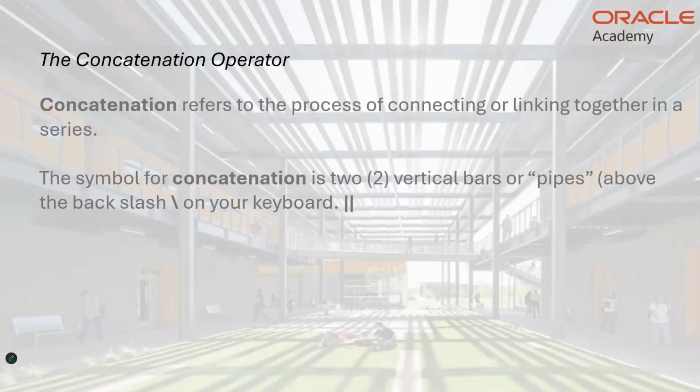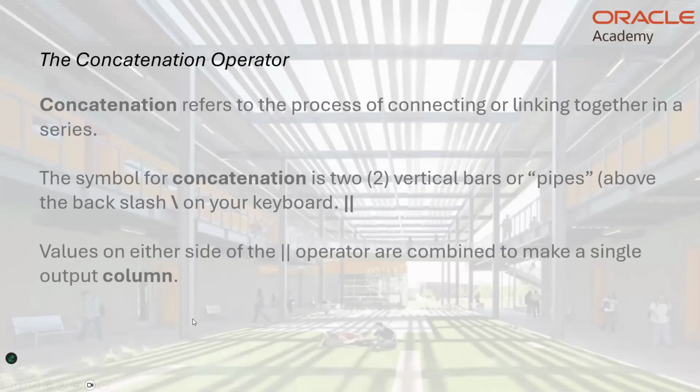The syntax or symbol for concatenation is two vertical bars, or pipes as they're referred to, above the backslash on your keyboard. So you want to hit two of those, and that represents a concatenation. Values on either side of the double pipe are combined to make a single output. So here's the syntax: string one, literal, or column name, double pipe, and string two, up to string n, etc.